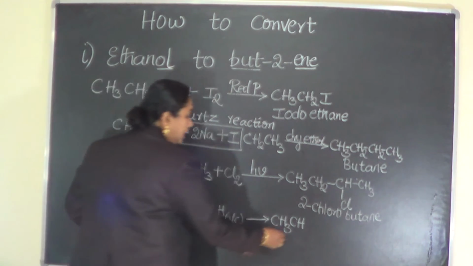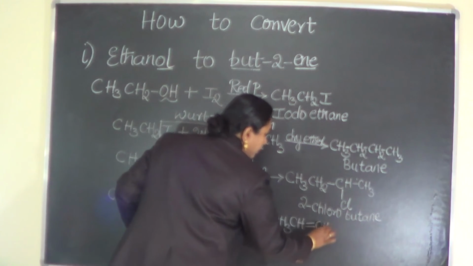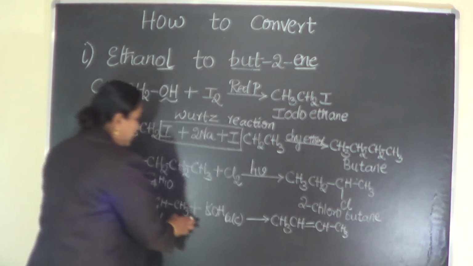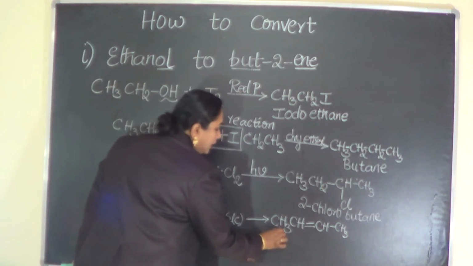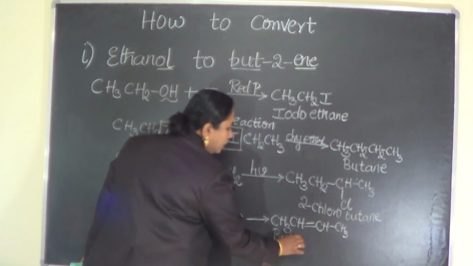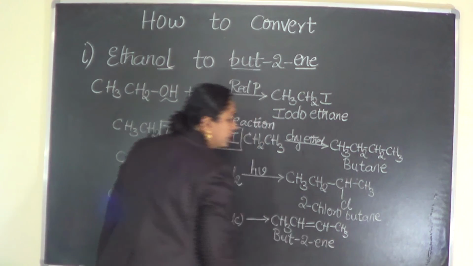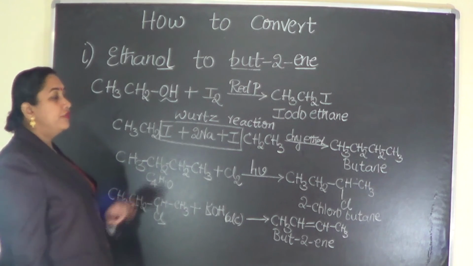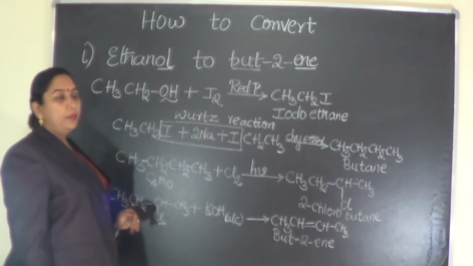Now they both get linked by a double covalent bond and then CH3 in the chain remains intact. So we landed up with the formation of 2-butene or but-2-ene. So it has taken us 4 steps to convert ethanol to 2-butene.